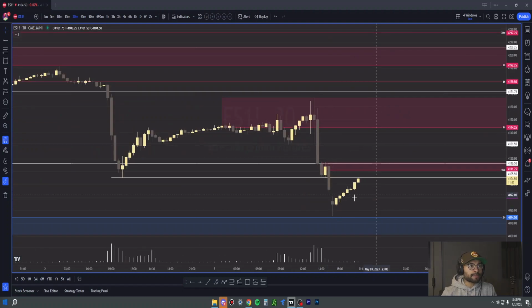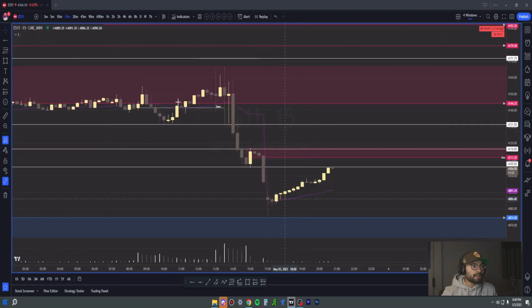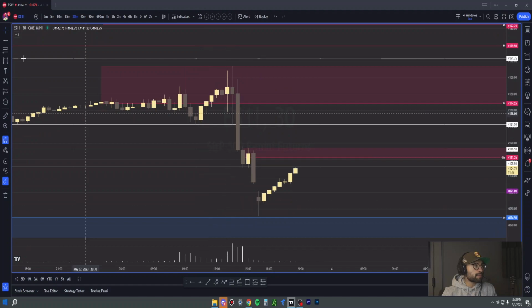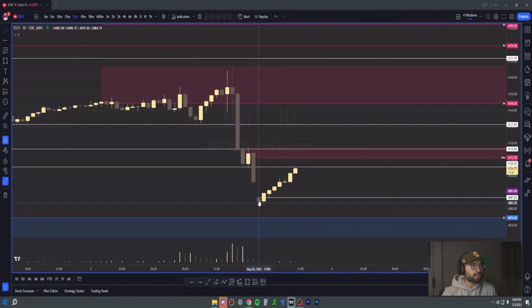Here we go. Let me see something here. 15 minute, 30 minute. This one might be a demand zone, maybe. Let's see, because I like this. I might mark this one here, because like I said, I like to see the strong push, and then obviously we got pushed out of here.